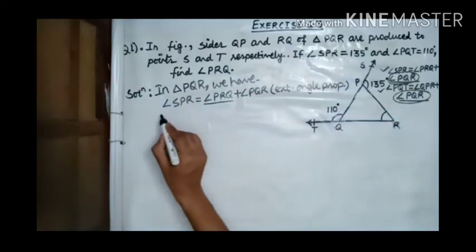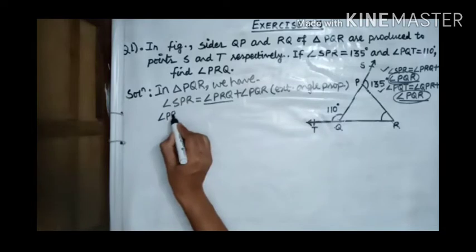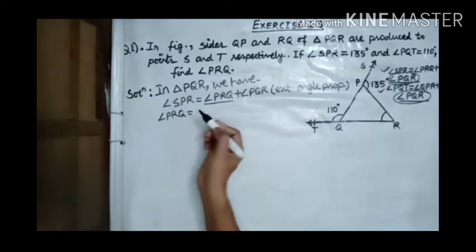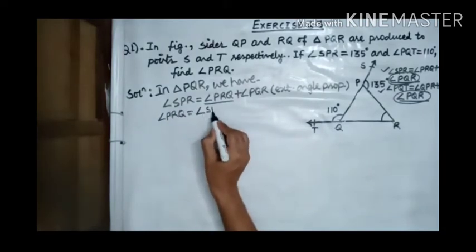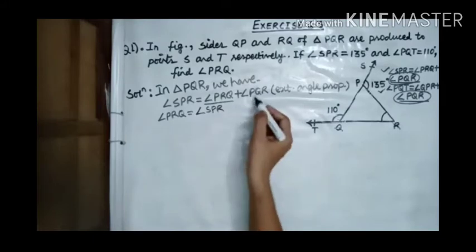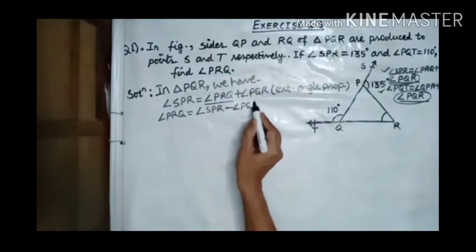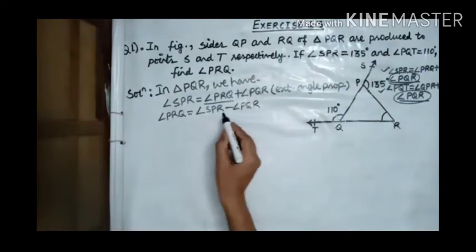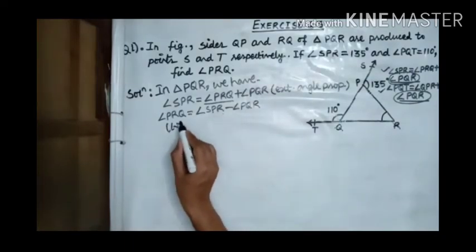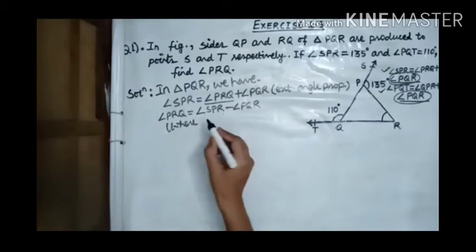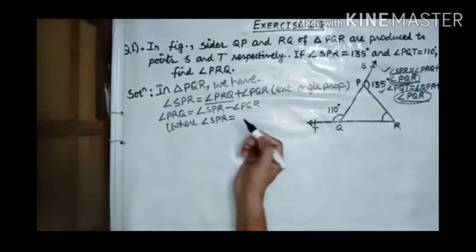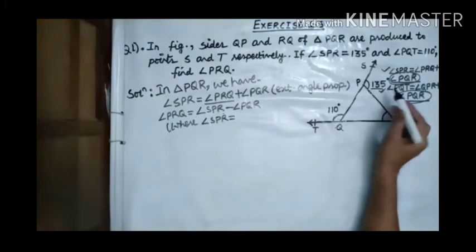Therefore, angle PRQ equals angle SPR minus angle PQR, where angle SPR equals 135.